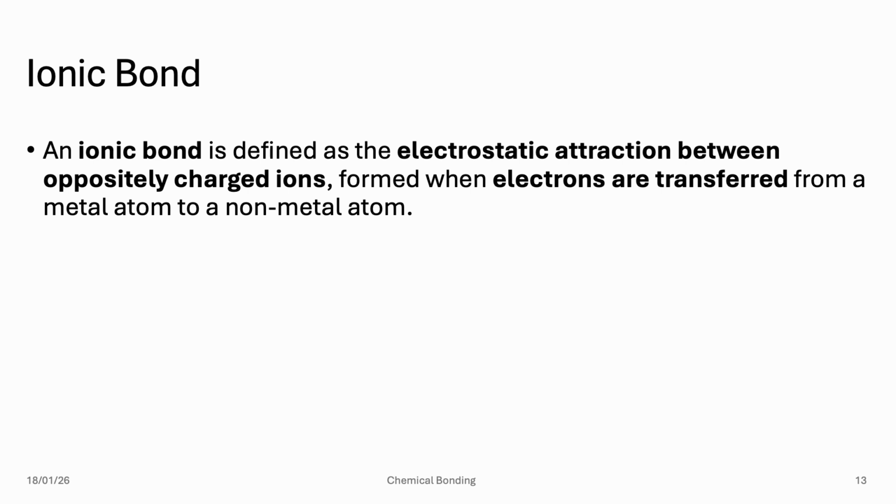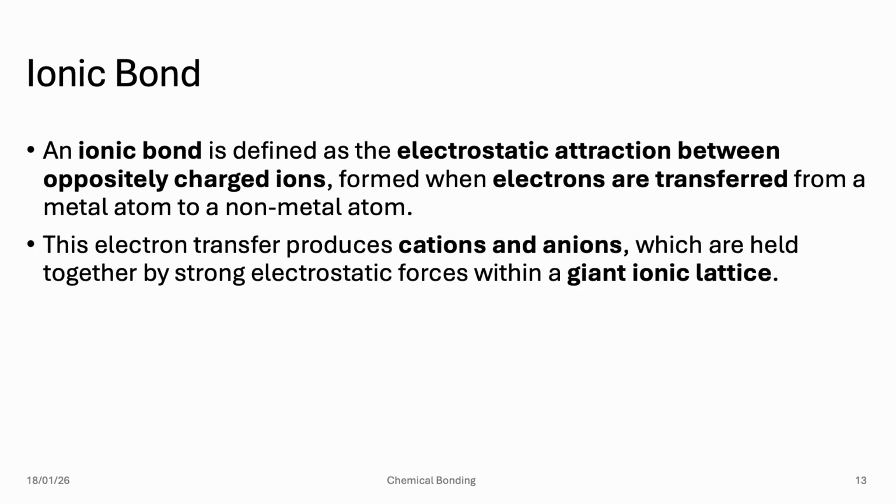These opposite ions basically form when electrons are transferred from a metal atom to a non-metal atom. This electron transfer produces cations and anions, and they are held together by strong electrostatic forces within a giant ionic lattice. The structure of the giant ionic lattice will be discussed in the next video.